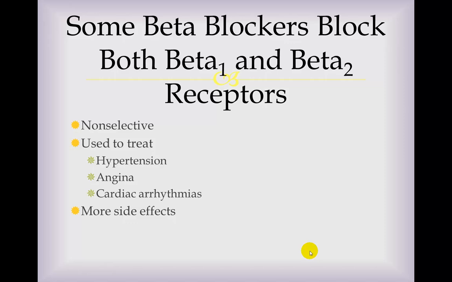Now, because they're non-selective, I'm going to get more side effects. And my side effects are primarily going to come because I'm blocking beta-2 receptors. Now, if I stimulate beta-2, what does it do? Exactly, it causes bronchodilation. So if I block beta-2 from being stimulated, then I'm going to get bronchoconstriction.